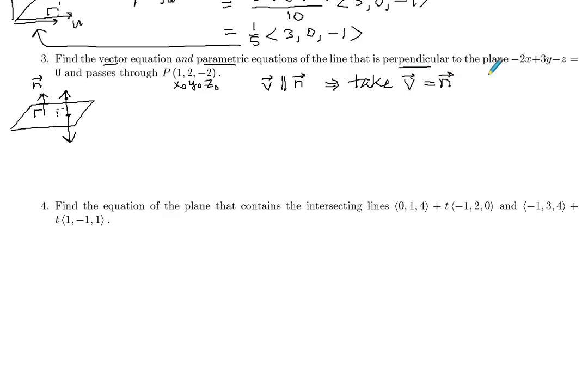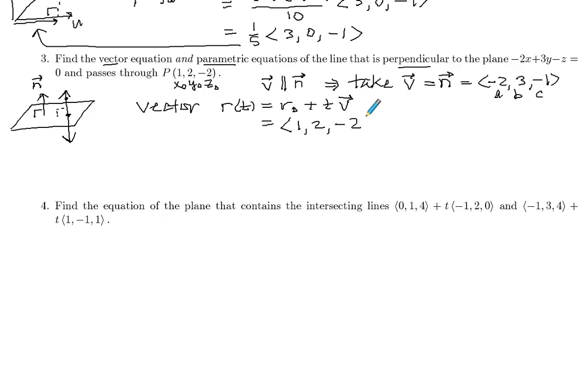And remember, you can read the normal vector off here: -2, 3, -1. Then that is our a, b, c. So the vector equation of the line, that's our r of t, is r0 plus t times v. r0 is this guy up here, so that's 1, 2, -2.